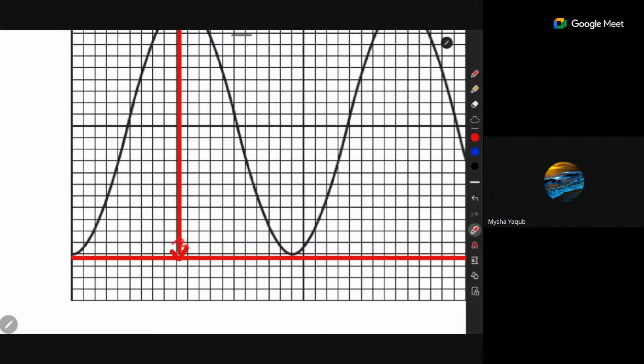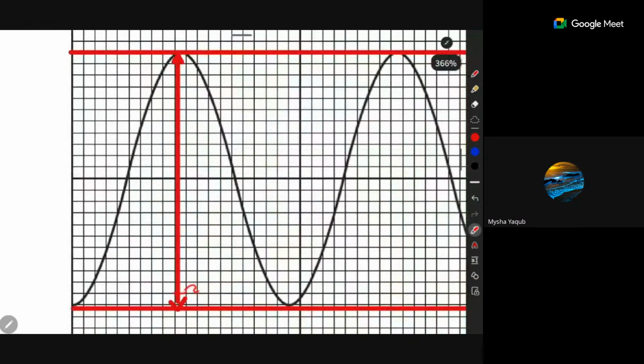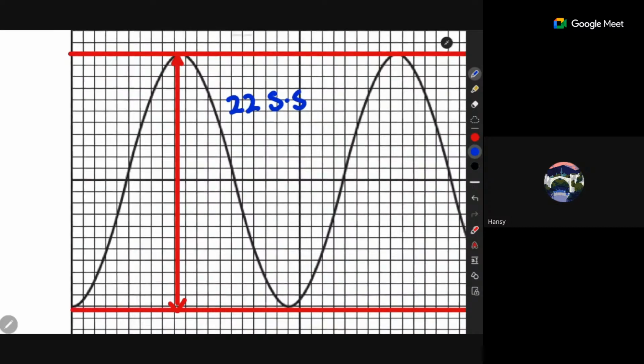How many small squares? Let me show you all at once. One, two, three, four, five, six, seven, eight, nine, 10, 11, 12, 13, 14, 15, 16, 17, 18, 19, 20, 21, 22. How many small squares are there? 22 small squares. Is this very clear to everyone?